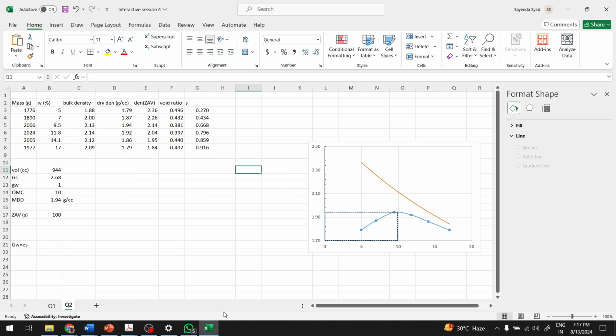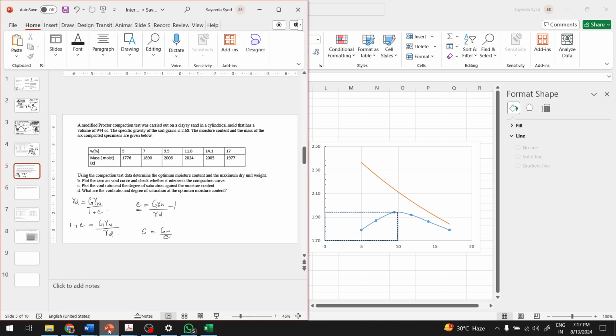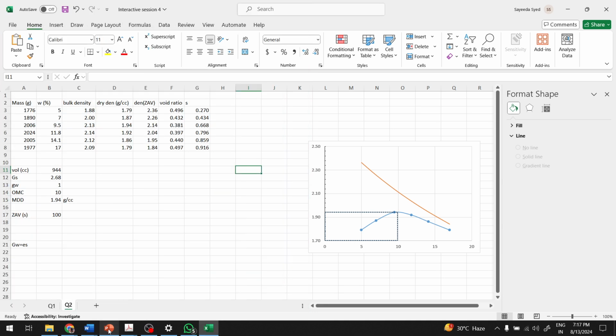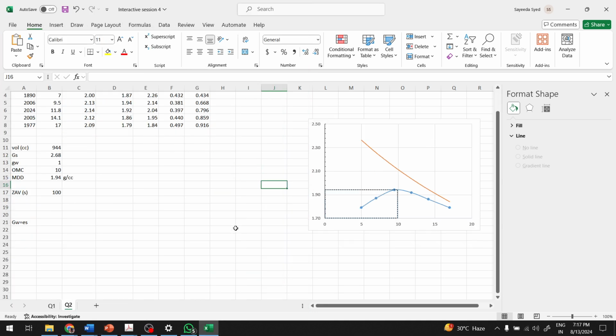So now they are asking us the next question. The question is asking us to plot the void ratio and degree of saturation against the moisture. So okay, we will draw another plot.